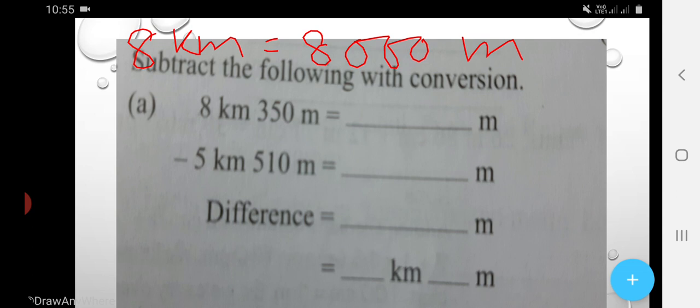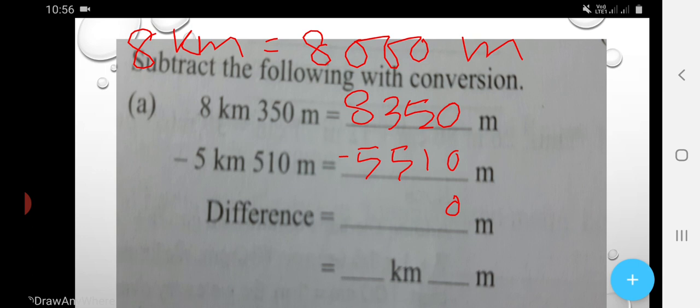And we add 350 meter, so the result is 8,350 meter. Now 5 kilometer 510 meter. After conversion this becomes 5,510 meter.